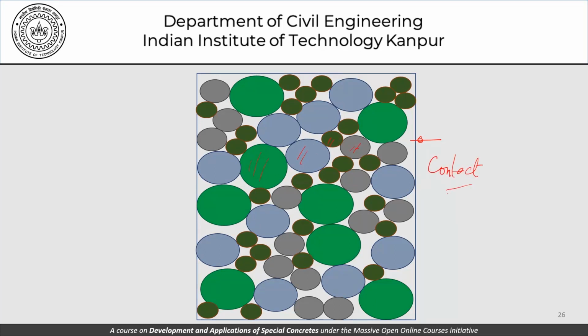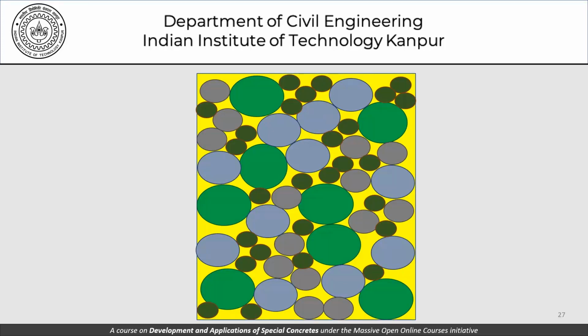So this is something which is a reiteration from our very early discussion in this course. These aggregates are in contact with each other, which is not really true in concrete. In concrete, the aggregates are not in contact with each other, as we have seen in the previous discussion or the previous slide.